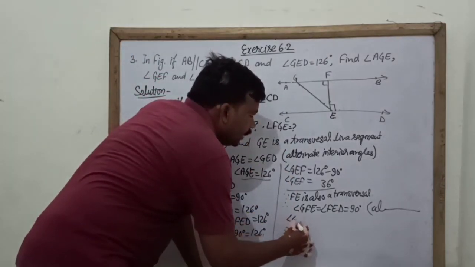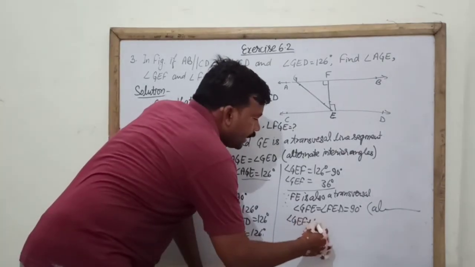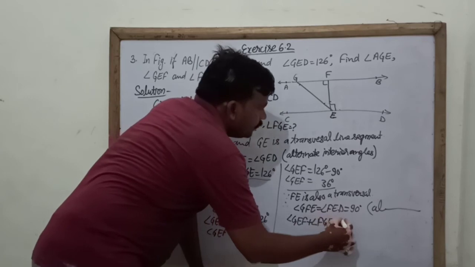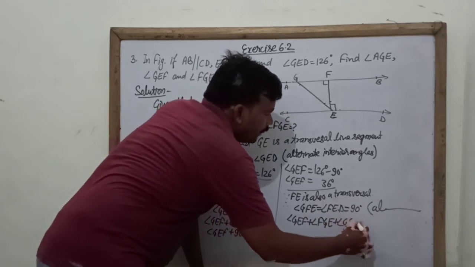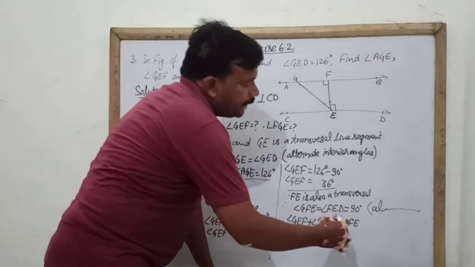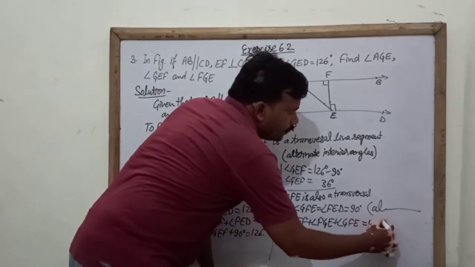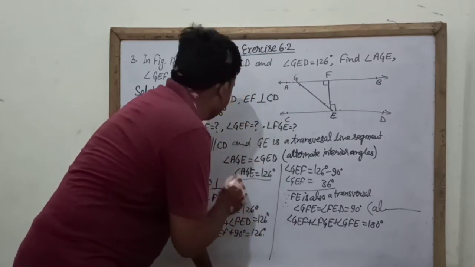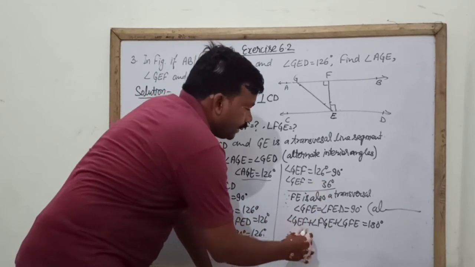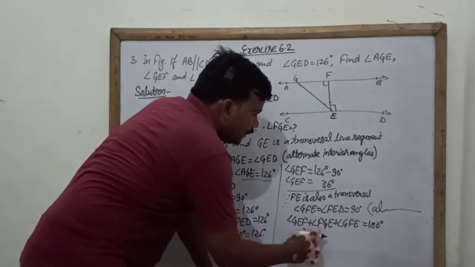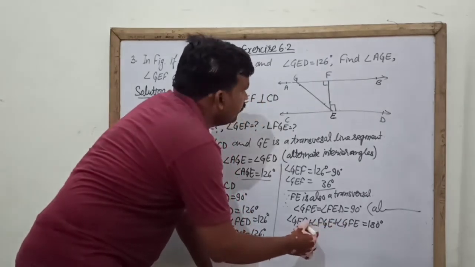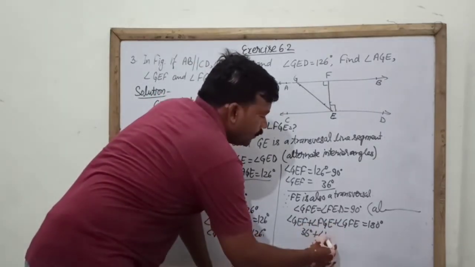Angle GEF plus angle FGE plus angle GFE equals 180 degrees. Putting in these values, GEF is 36 degrees, angle FGE is to be found, and angle GFE is 90 degrees.